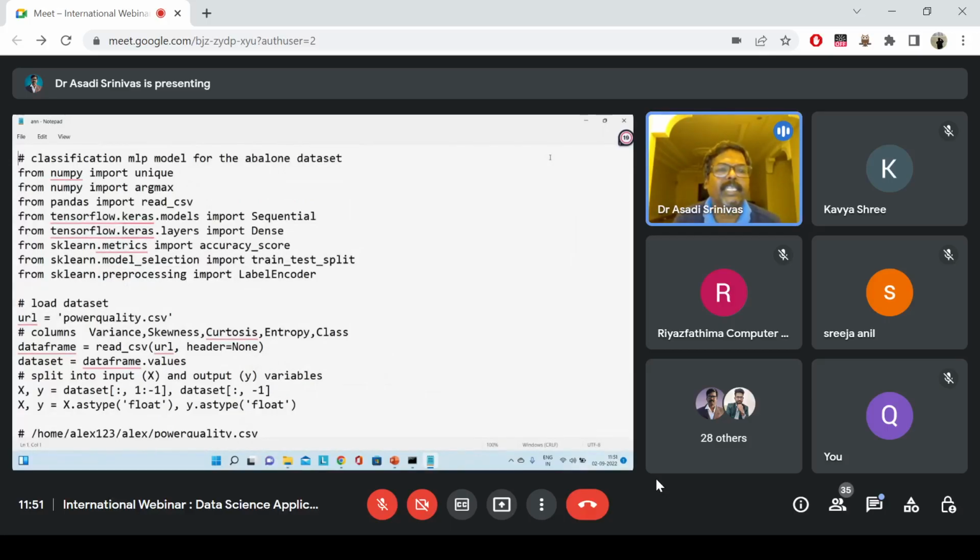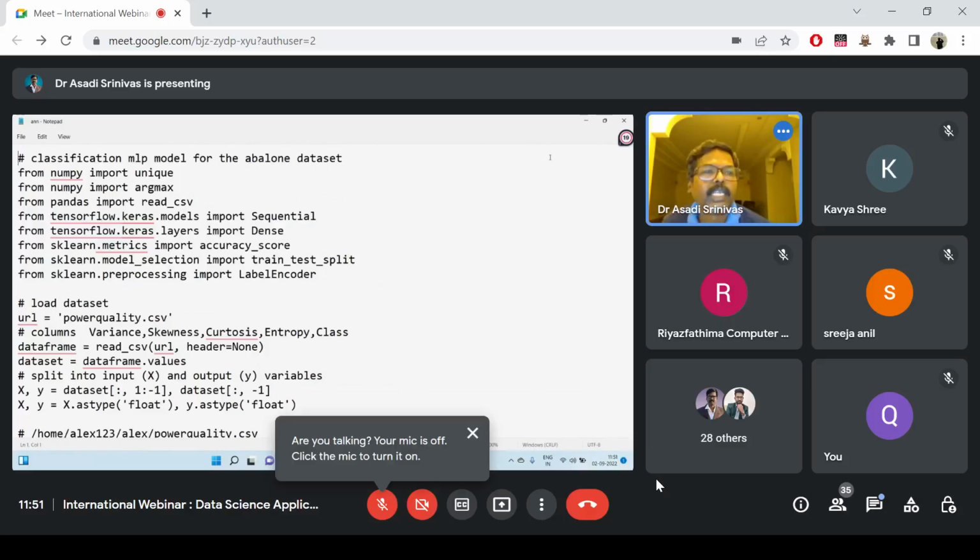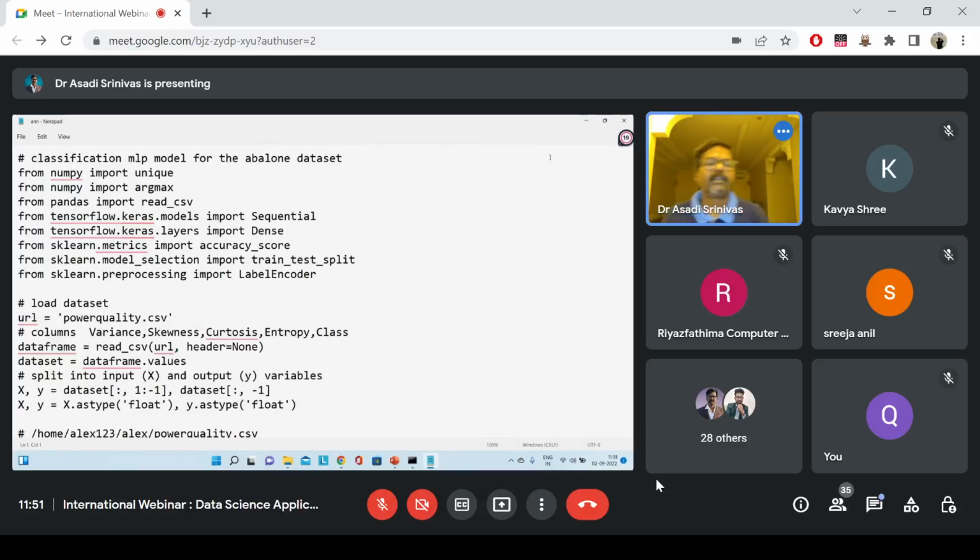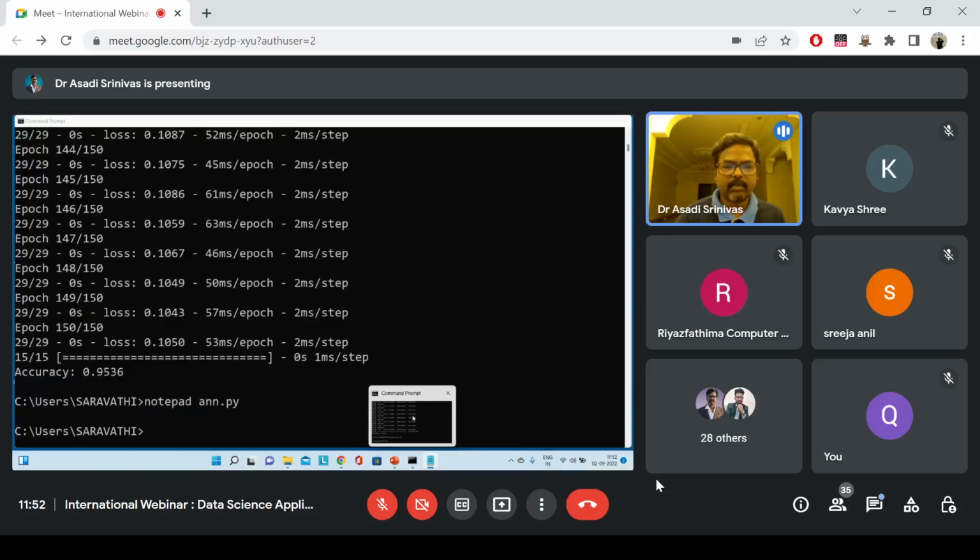Classification, multi-layer perceptron: I am using a classification MLP model for the abalone data set. It is a standard data set available at the UCI and Kaggle repositories. You can download this data set and apply this ANN model.